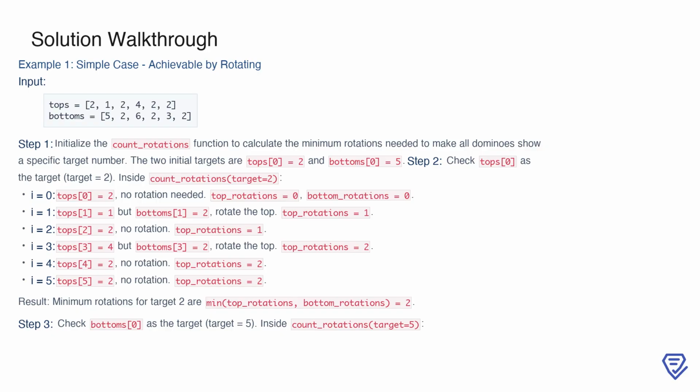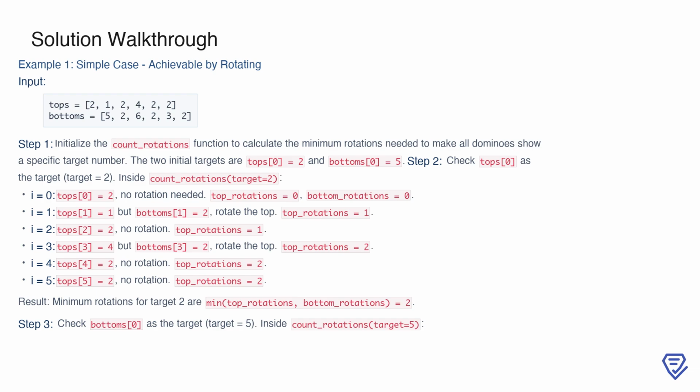Inside count_rotations, target equals 2, we iterate through each domino. For i equals 0, the top already matches the target, so no rotation is needed. For i equals 1, the top doesn't match, but the bottom does, so we rotate the top, increasing top_rotations to 1. For i equals 2, the top matches again, so no rotation is required.